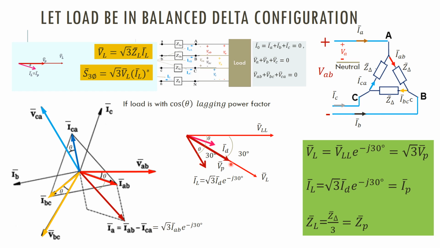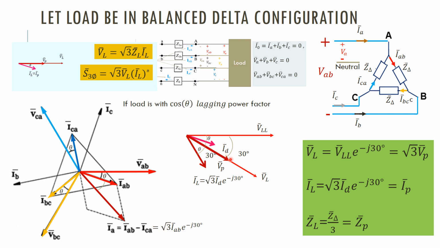So if you want to be in line with this equation, we should consider this VL, and this part of the line current and line voltage, this phasor diagram of the line current and of the line voltage, right?